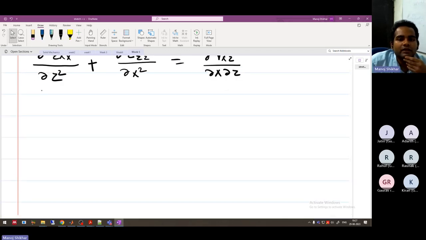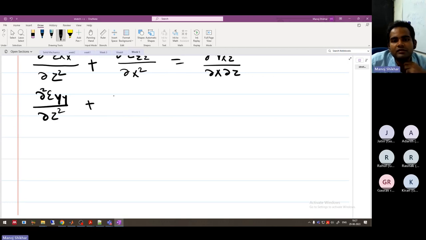Similarly, if I want to write for yz, I'll write del epsilon yy differentiated twice with respect to z, plus del epsilon zz differentiated twice with respect to y.